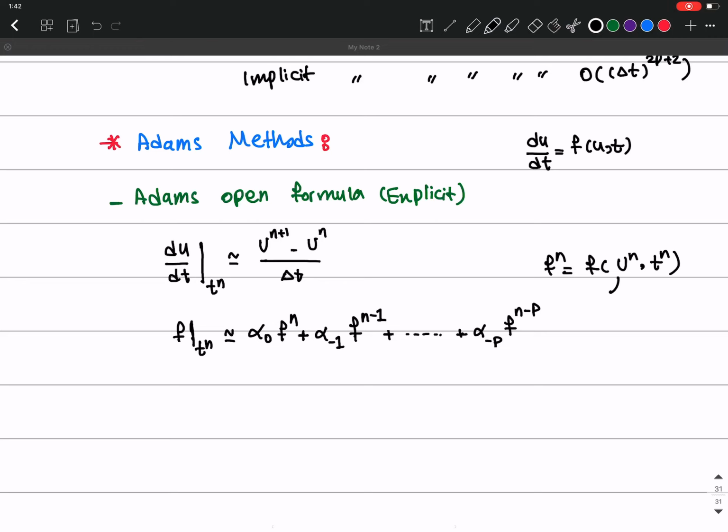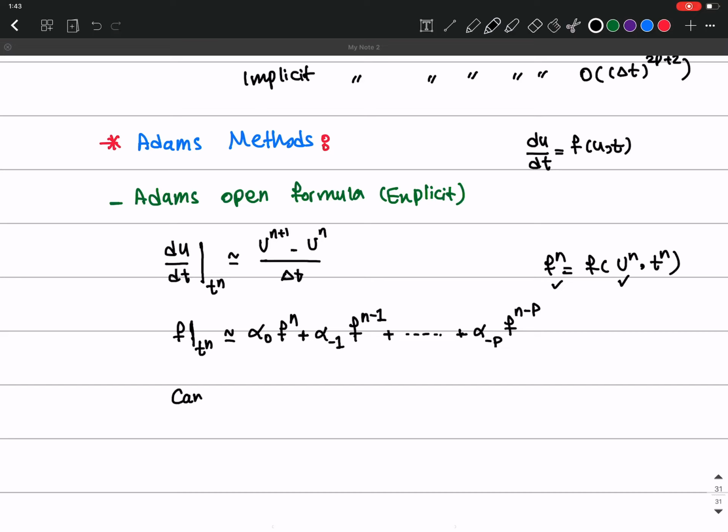I know u n, it is from the previous step. t n is clear, so I will know f n. Similarly for f n minus 1, f n minus p. I know all the values of this function. These are just the previous steps. So this is the explicit form. I know f at t n, and I can just represent it as this function. This is a general way of showing that.